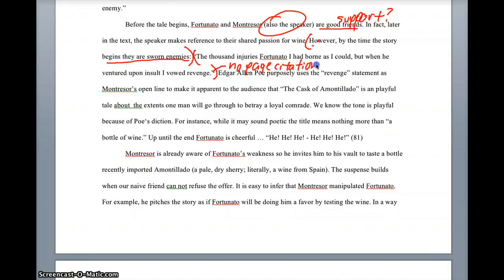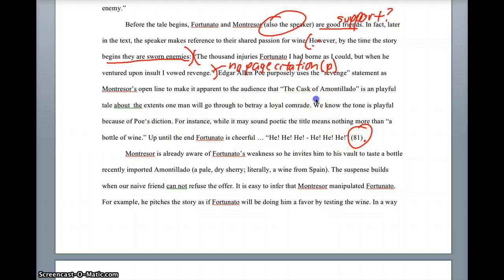Since we're only using one work for this essay, we don't need Poe's last name. We just need a page number. That's it. See, they do it right here. They put a page number, even though there's no ending punctuation, but still, there is that.